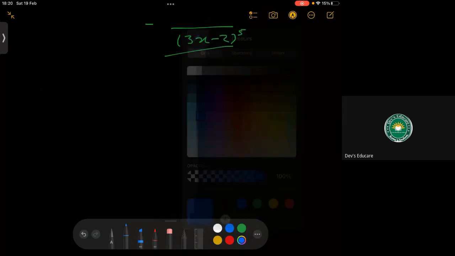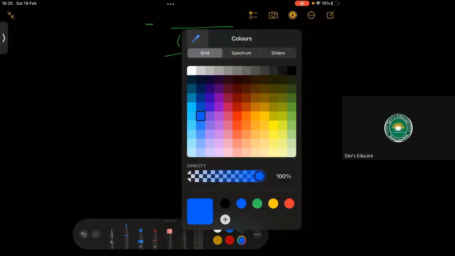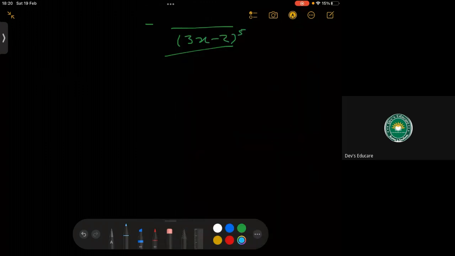3C. y equals square root of 2x square minus 3.